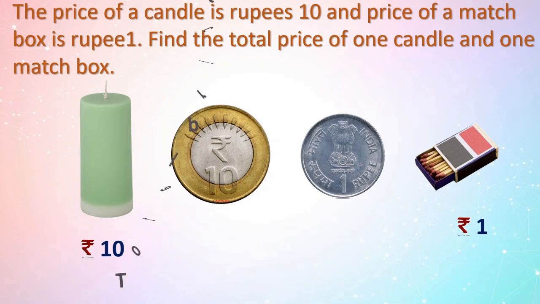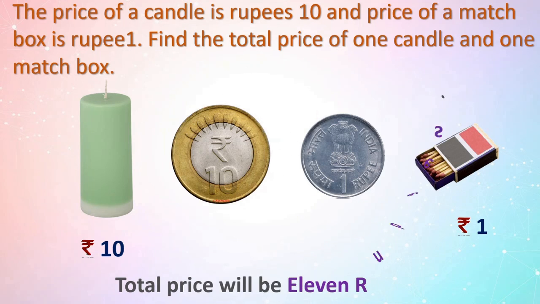Correct? So total price will be 11 rupees, or that girl is going to give 11 rupees to the shopkeeper after purchasing one candle and one matchbox. Right?